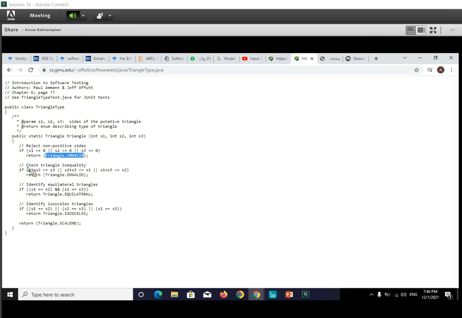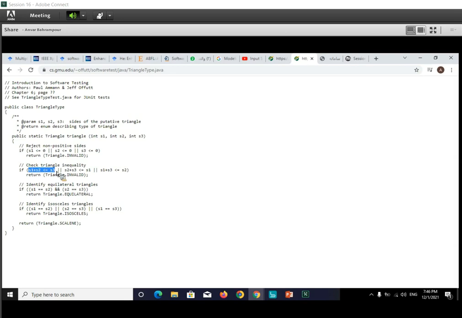And in the second step we check the triangle inequality. When the sum of the lengths of two sides is less than the length of the third side, this combination could not define a valid triangle.